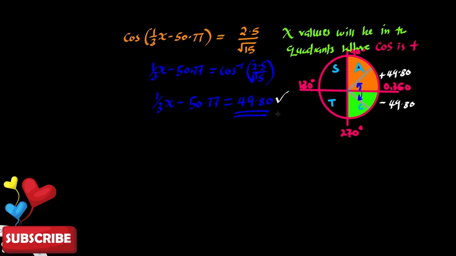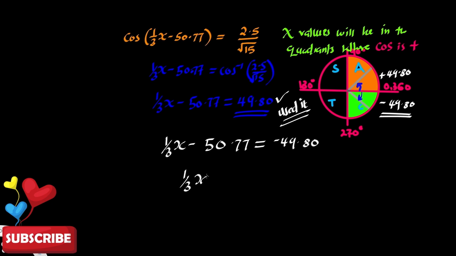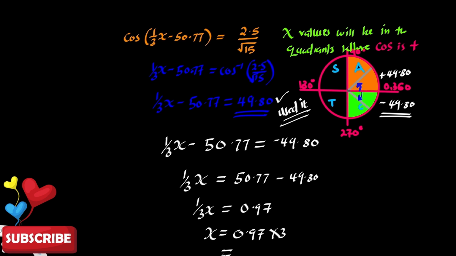We had used 49.8 in the previous step, so we are going to use this other part here, equivalent to negative 49.80, which means we can now subtract the 2, and if we multiply by 3 both sides, we are going to get our answer as 2.91 degrees, and this becomes the second solution.